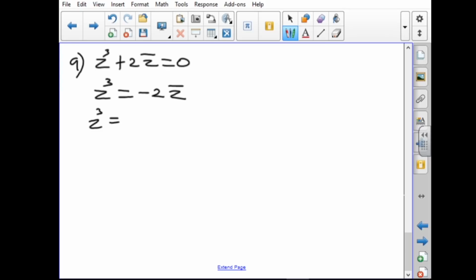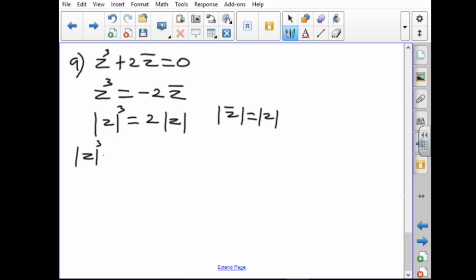So, modulus of Z cube, by the result, we can also write this as modulus of Z the whole cube is equal to modulus of minus 2, which is 2, and modulus of Z bar, we know, is equal to modulus of Z. Therefore, this is modulus of Z cube minus 2 into modulus of Z is equal to 0.